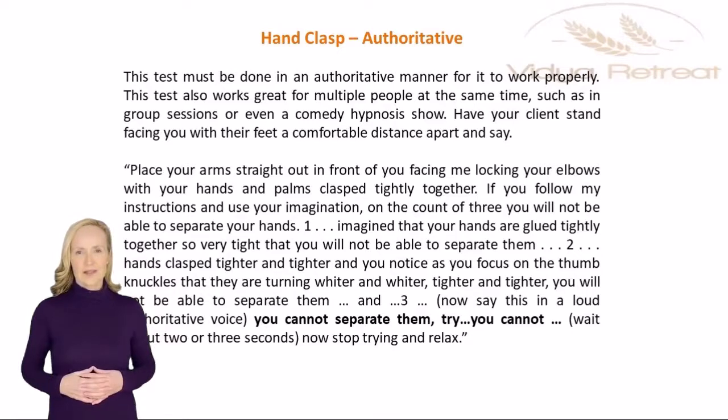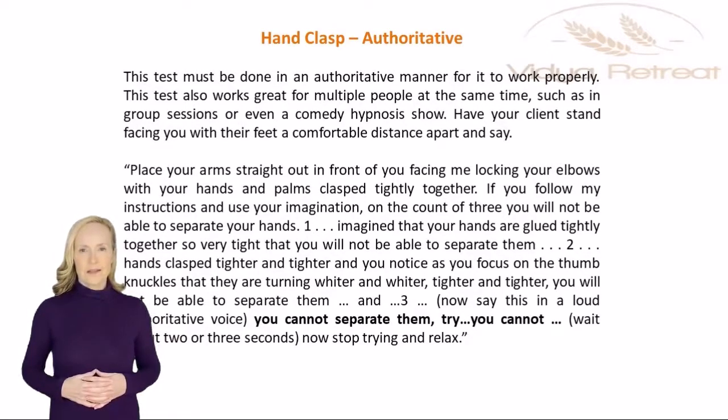Imagine that your hands are glued tightly together, so very tight that you will not be able to separate them. 2. Hands clasped tighter, and you notice as you focus on the thumb knuckles that they are turning wider and wider, tighter and tighter. You will not be able to separate them. And 3. Now say this in a loud authoritative voice, you cannot separate them. Try, you cannot. Wait about 2 or 3 seconds. Now stop trying and relax.